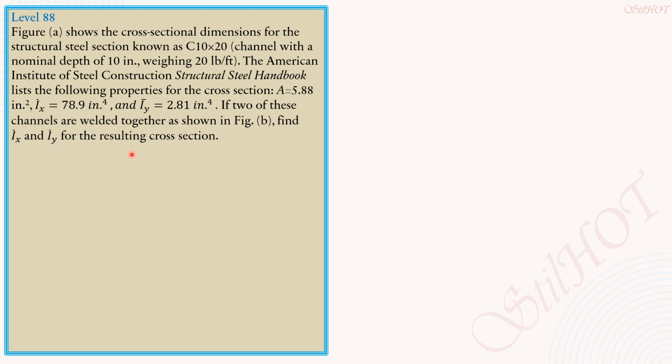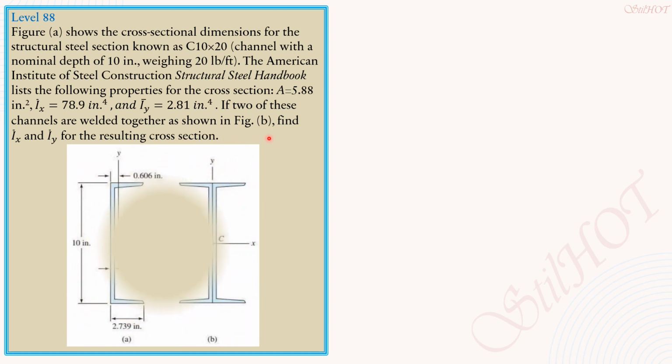If two of these channels are welded together as shown in figure B, find I bar X and I bar Y for the resulting cross-section. So this is figure B, and this x-axis here still passes through the centroid of the individual channels. Therefore, I bar X is simply times 2 of this 78.9.